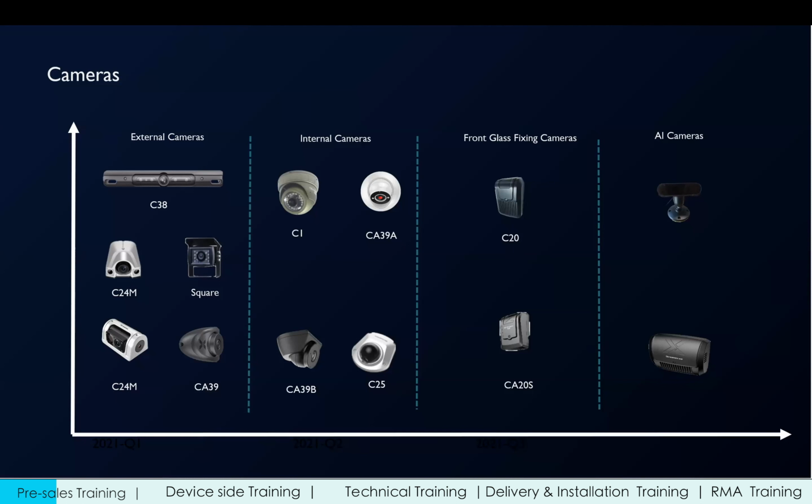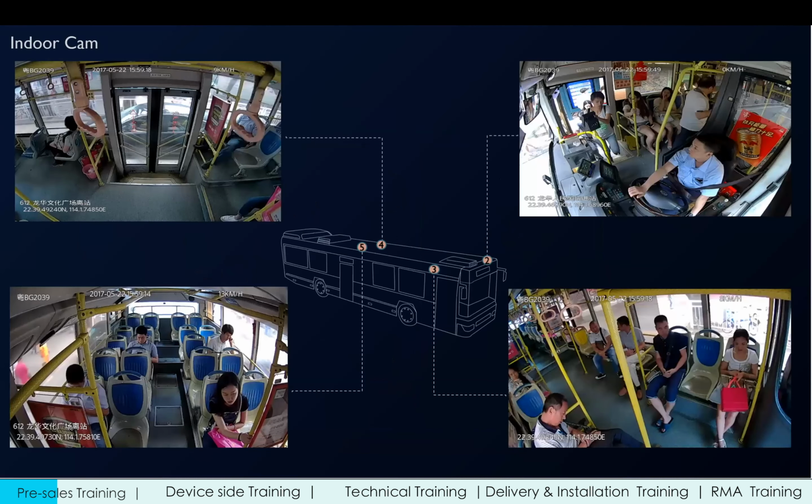Some cameras can detect driver fatigue, some can detect front collision, some can detect blind spots. So I classify all cameras into different levels so that you will understand which kind of camera is preferred in which situation.